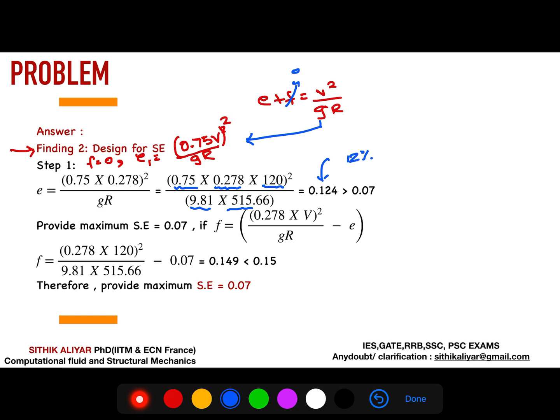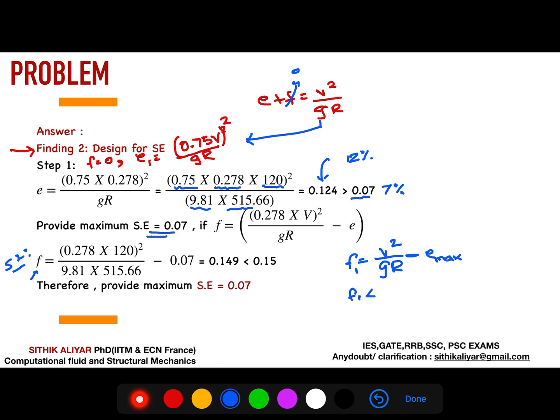We cannot provide 12%, as IRC suggests we cannot provide more than 7%. So we have to go for step 2, providing the superelevation of 0.07. In step 2, we have to determine the friction required to maintain E equal to Emax.